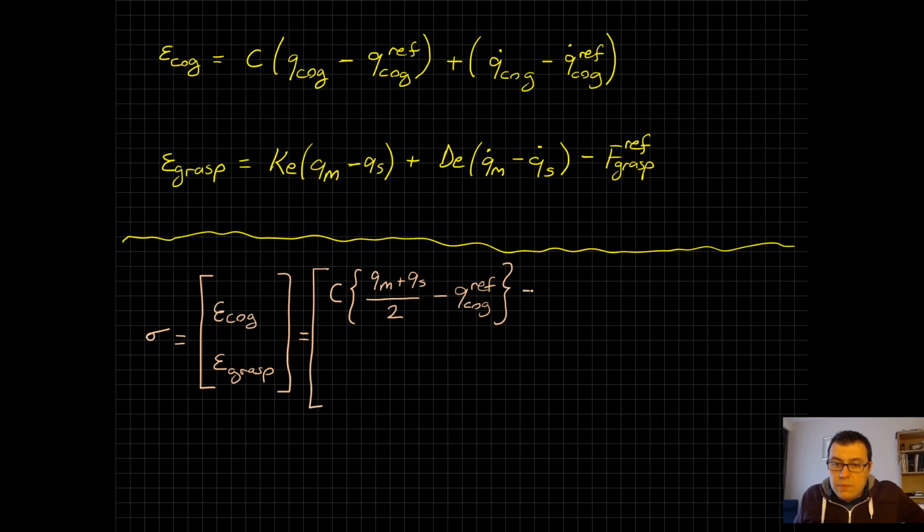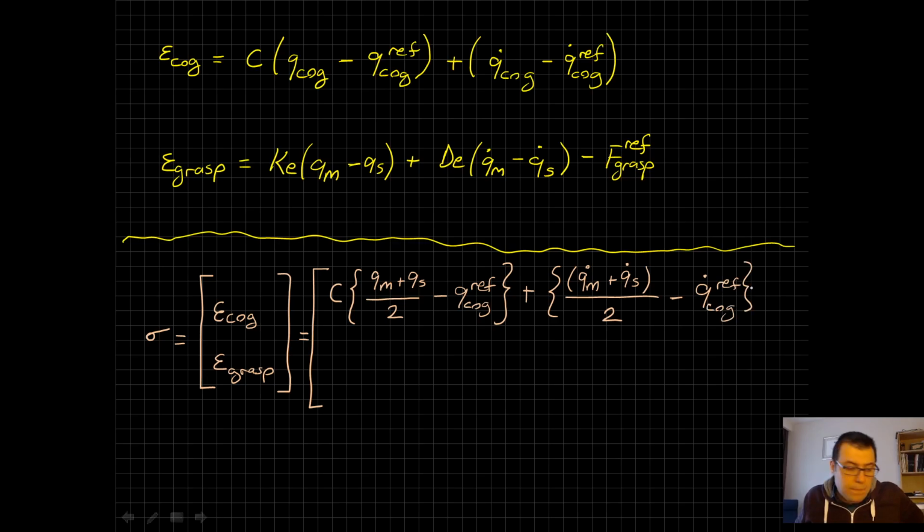Plus, we have another component here that is (QM dot plus QS dot), maybe I can put them in parentheses, that's better, over 2 minus Q dot COG reference. Okay, so we have the first line of the first row of the error column, error vector.